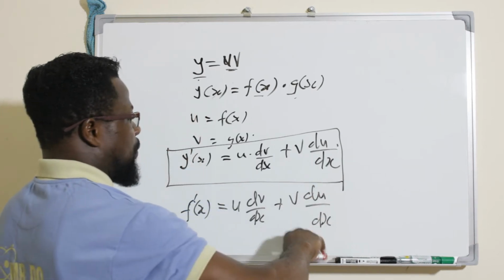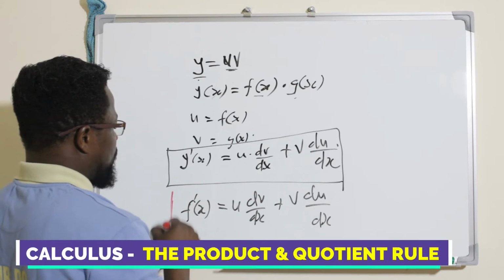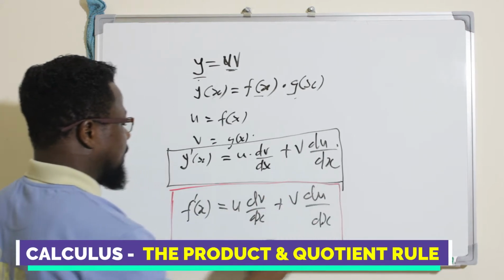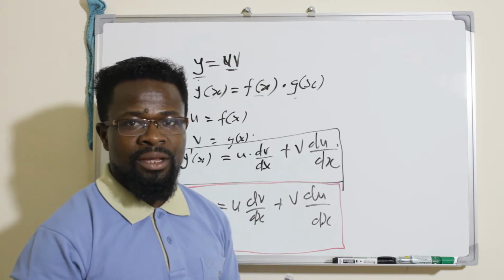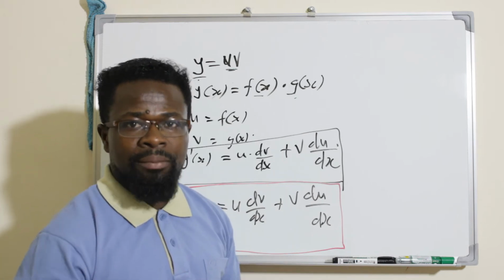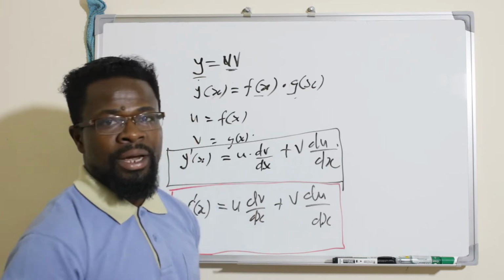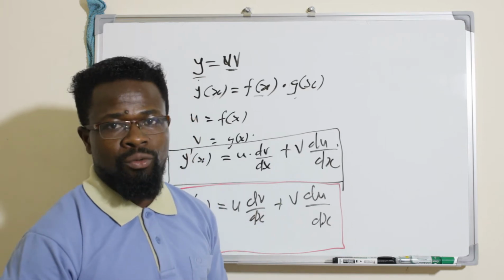And this is what we refer to as the product rule, and this is what we are going to apply in solving problems. So let's begin with some examples. Let us apply this rule and see how we make use of it.